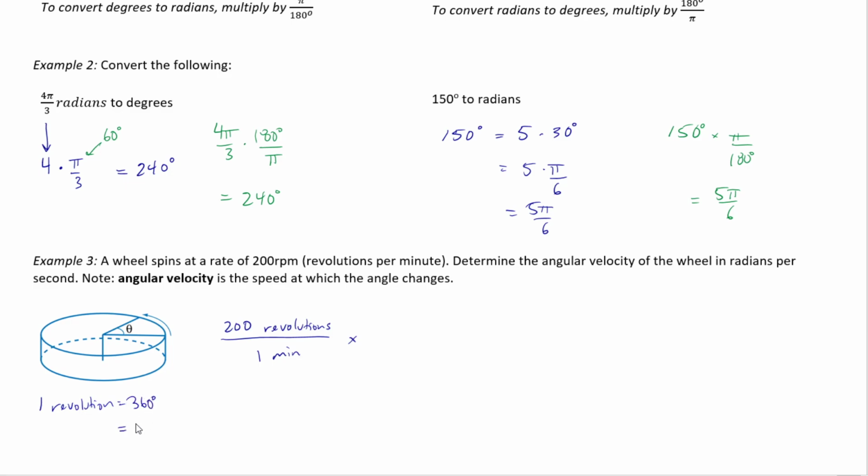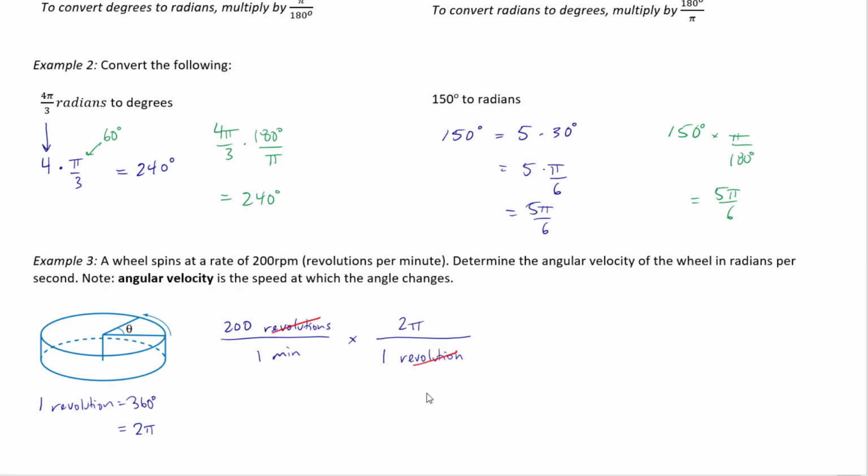But again, we're moving away from using degrees, and we're thinking about it in terms of radians. So 1 revolution is equal to 2 pi. Knowing that I have to cancel revolutions, I put revolutions on the bottom. So 1 revolution is 2 pi radians.